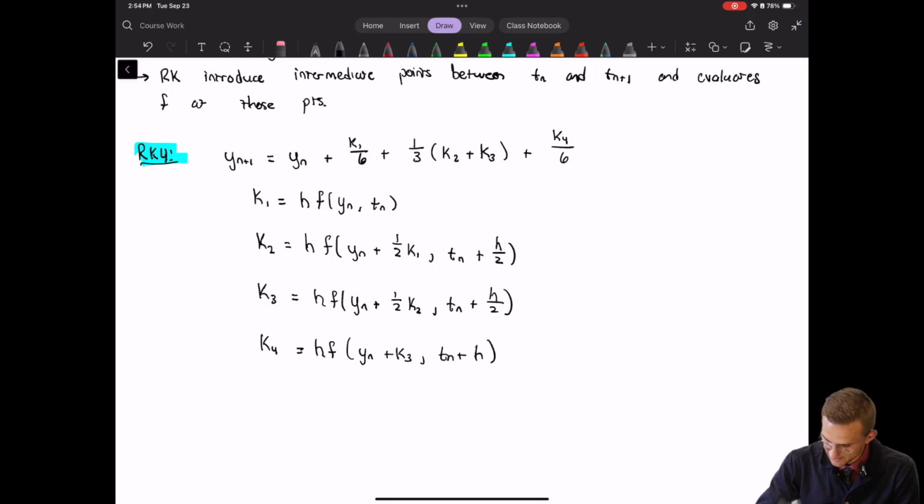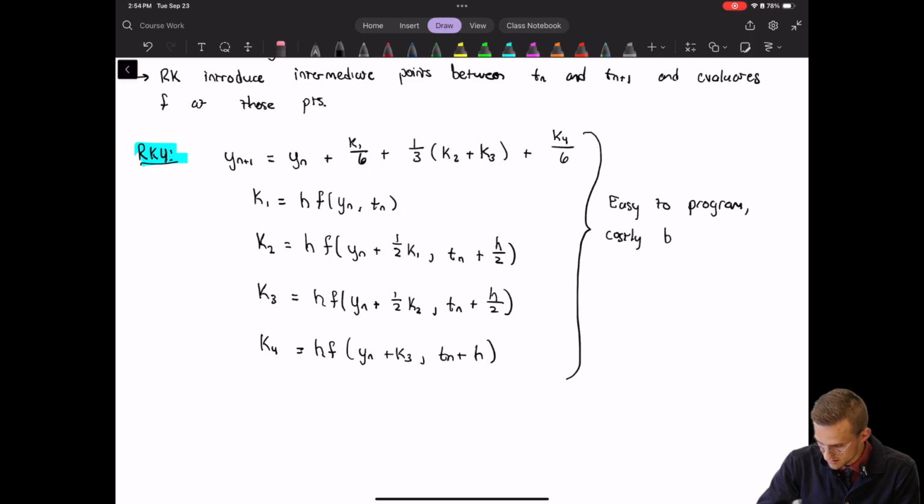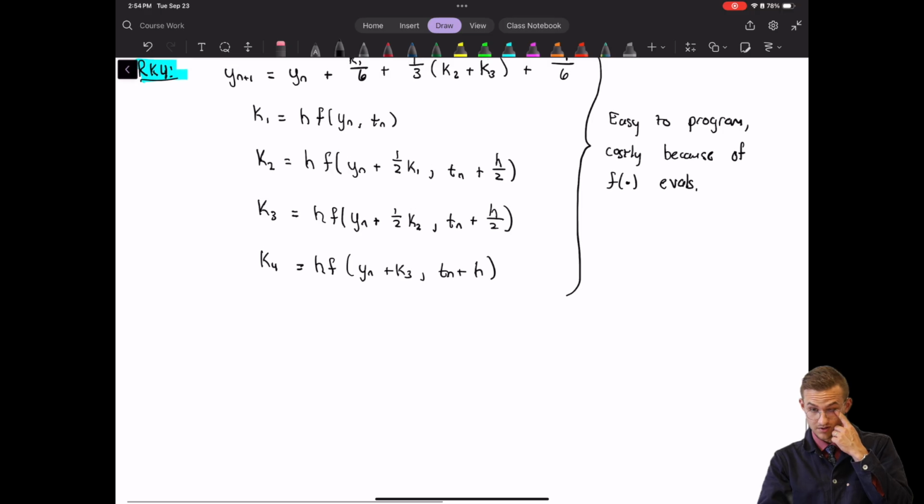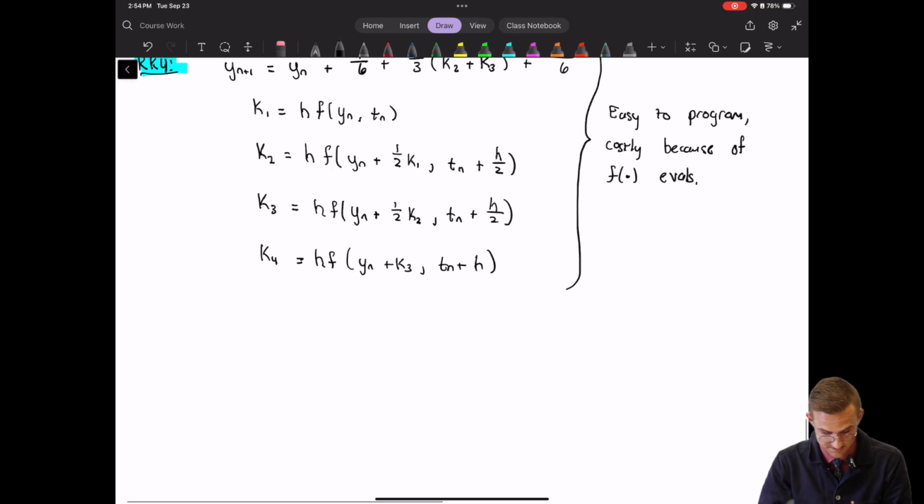Okay, and then this is very easy to program because it's explicit. But it's costly because of all the function evaluations. Okay, so that's where you're paying for the extra accuracy and stability.